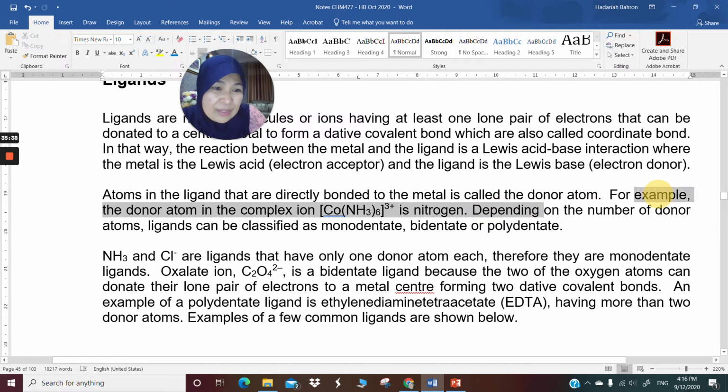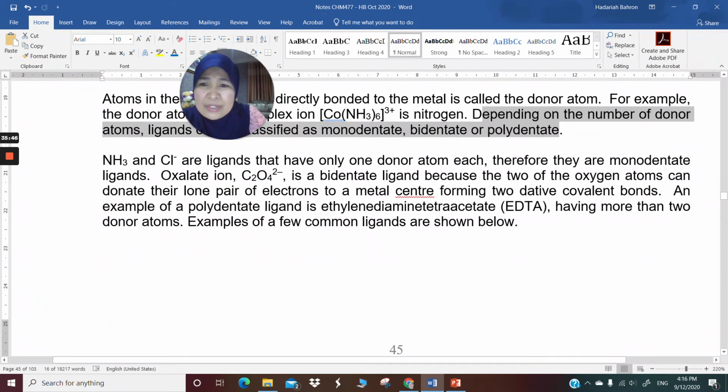Now, depending on the number of donor atoms, ligands can be classified as monodentate, bidentate, or polydentate. Ammonia and chloride are ligands that have only one donor atom each, therefore they are called monodentate. Now, dentate means teeth. So, one donor can only bite at one point.